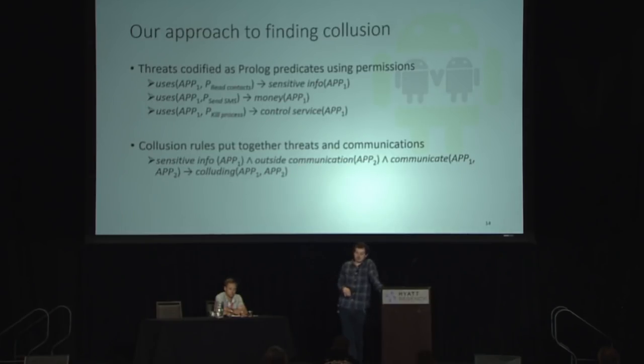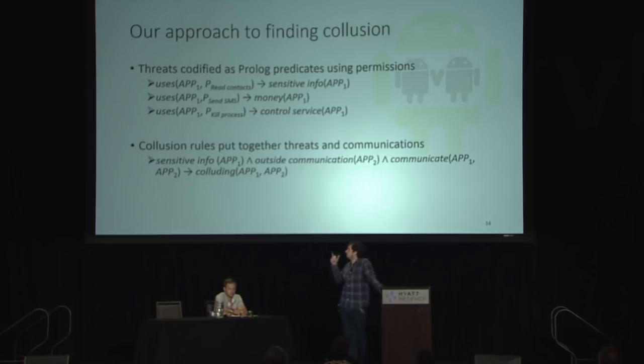What we did after that is that we used Prolog. Maybe some of you don't know that, and some of you maybe studied this a long time ago. We used Prolog rules, which is a logic programming language. We first codified all the features we extracted from the apps as Prolog facts, and then we started generating some rules.